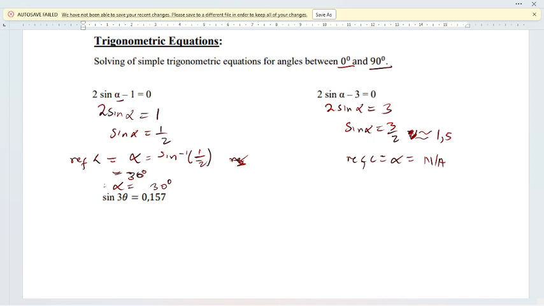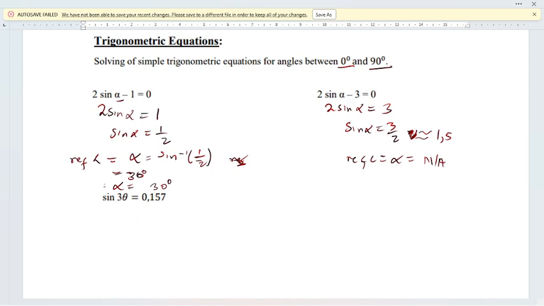And if you have a number that is less than -1, it's also not valid for sine and cos. If you take the sine of -3 over 2, the answer will also be an error.